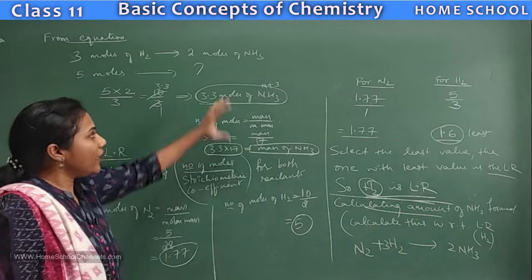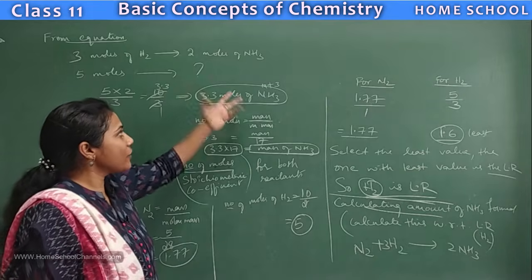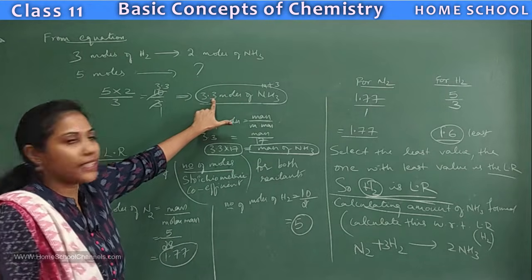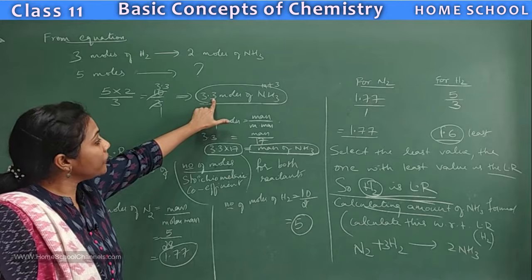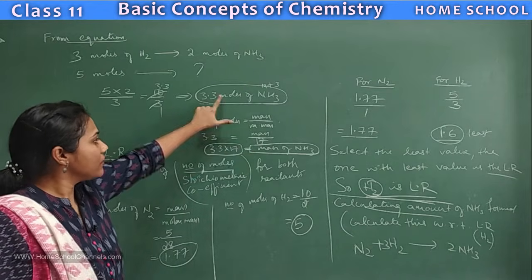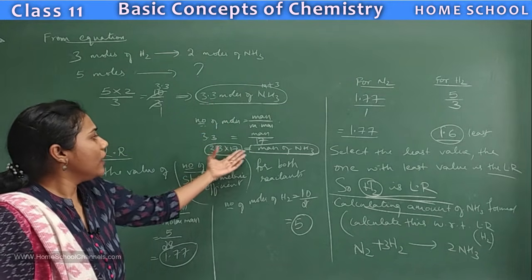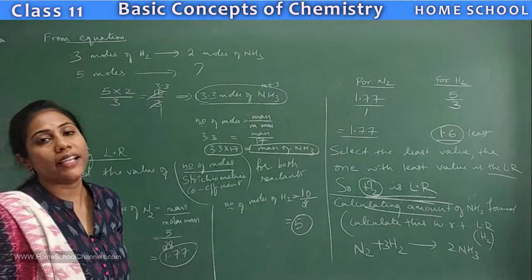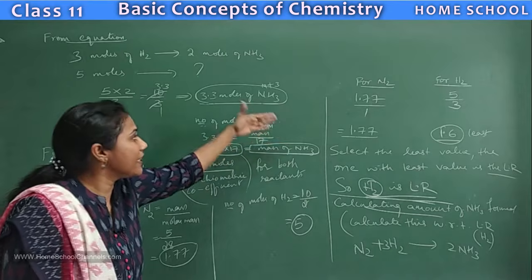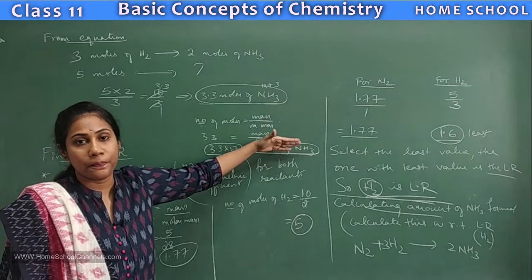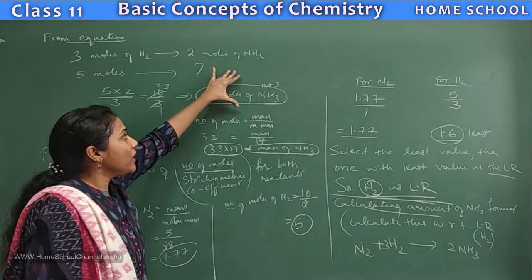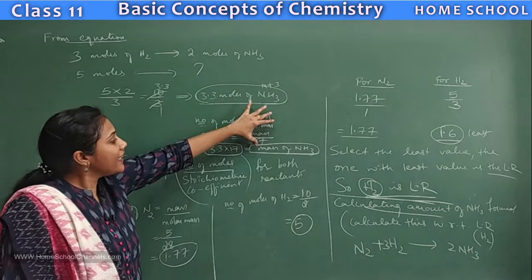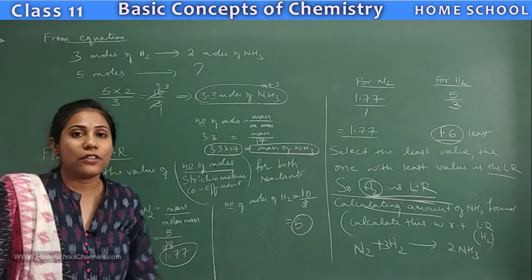According to the question, if they ask your answer in moles, then keep it as such. But if they ask your answer in mass, you convert it into grams, that is, mass. If you do 3.3 into 17, you will get your answer in grams. So you can calculate your answer in terms of moles, or in terms of mass also.